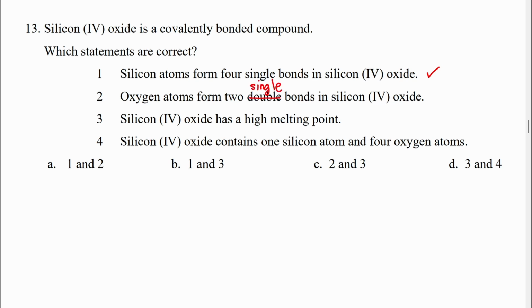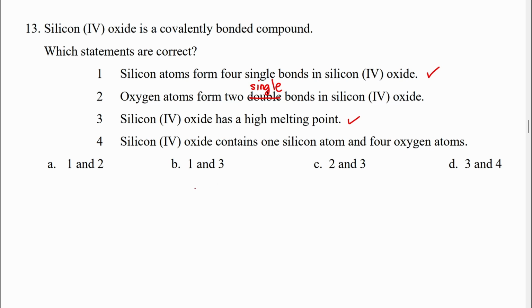Okay, silicon 4 oxide has a high melting point. Yes, this is correct because silicon 4 oxide is a giant molecular structure. Not only silicon 4 oxide, but other giant molecular structures like graphite and diamond also have a very high melting point and boiling point. Next, silicon 4 oxide contains 1 silicon atom and 4 oxygen atoms.